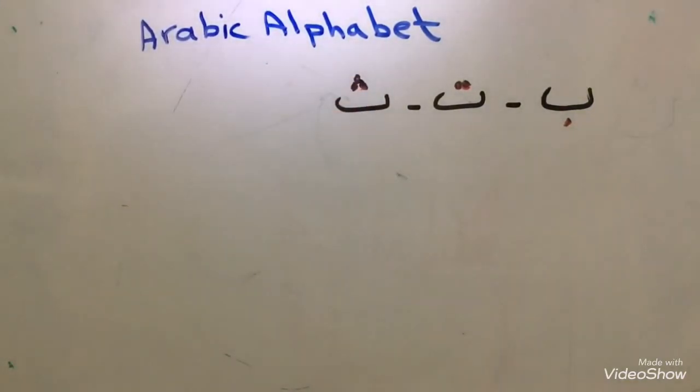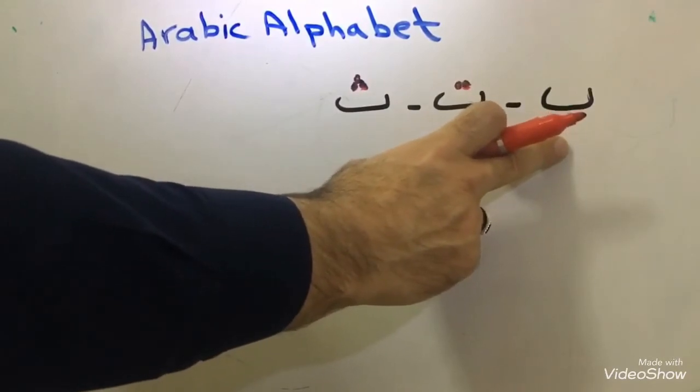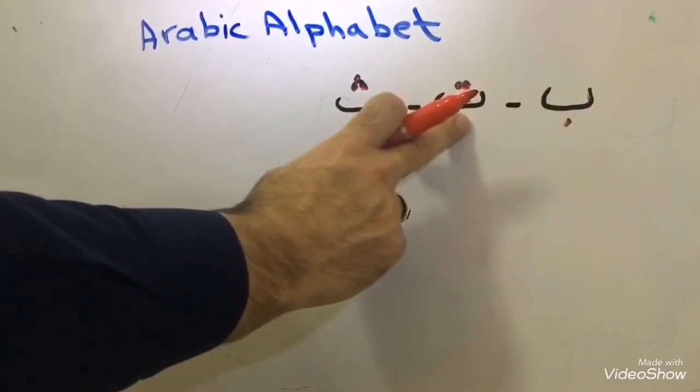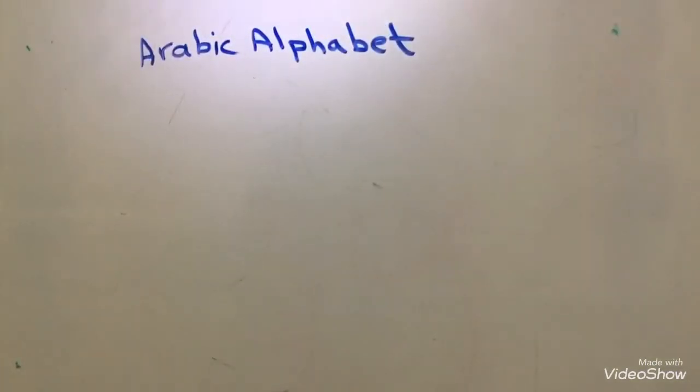So they are similar in writing, and the main difference is, as we said, 1 point under ba, 2 over ta, 3 over tha.